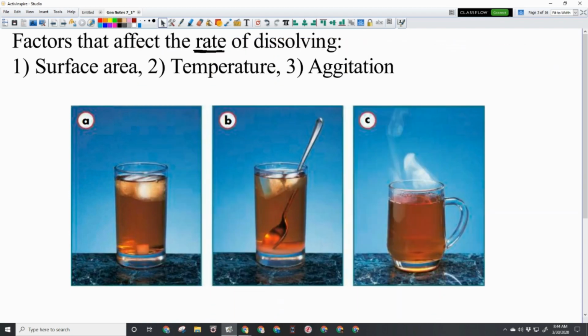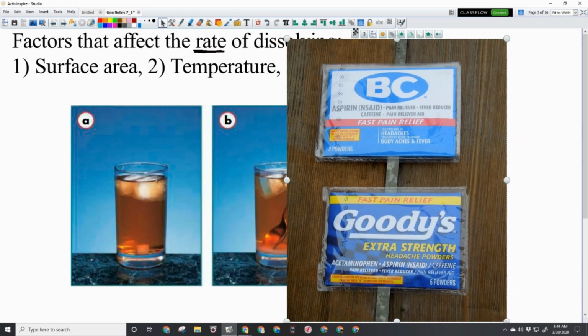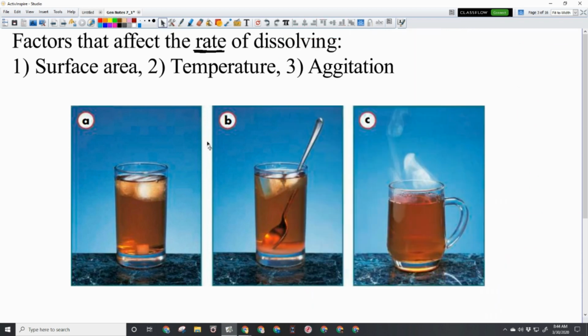Your body doesn't have to break that down. Your body doesn't have to dissolve that tablet in your stomach. It's already a powder, so it can get into your bloodstream a lot quicker and give some relief from pain.